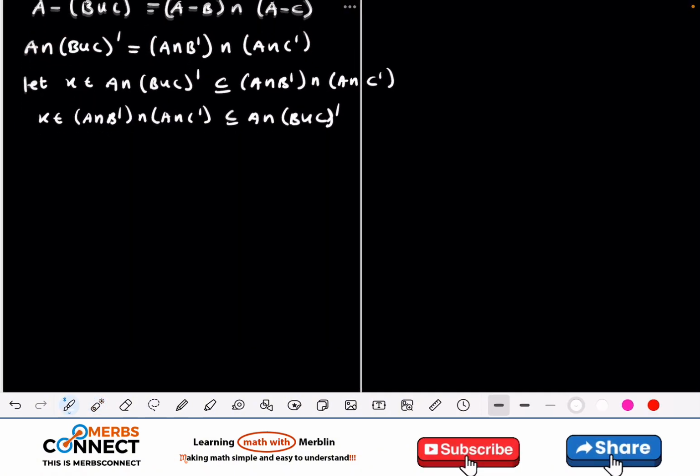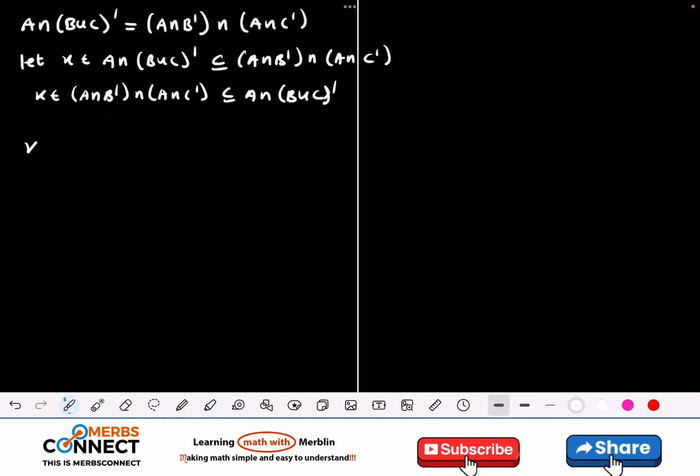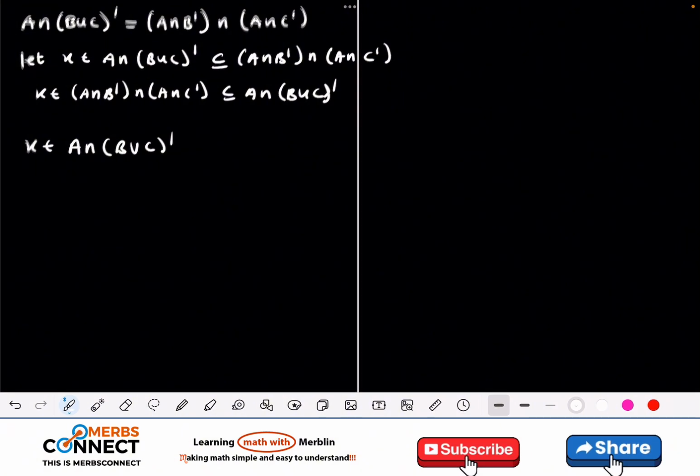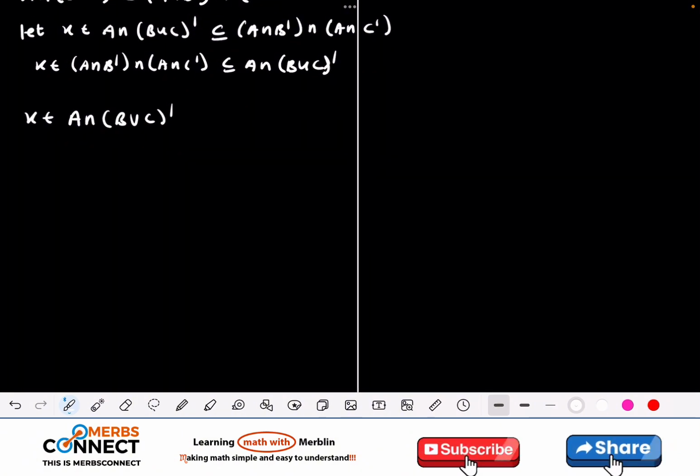So let's take it one by one. Let's take it from the top. X belongs to A intersect (B union C) complement. So now let's go. This will be X belongs to A and X belongs to (B union C) complement. As I said, you need to expand it step by step. Now, you see this complement here is affecting everything here, right?